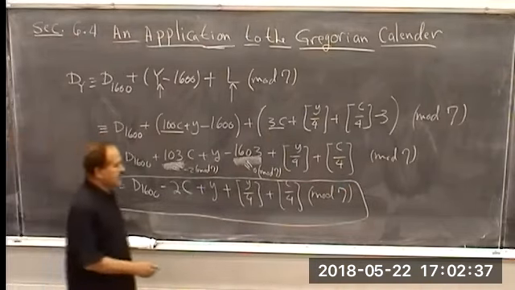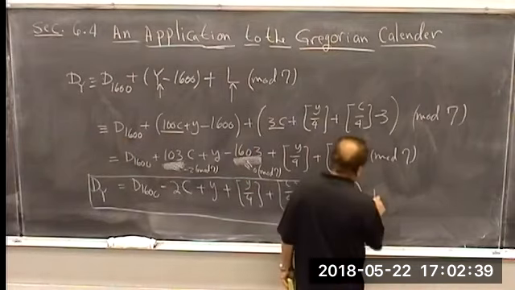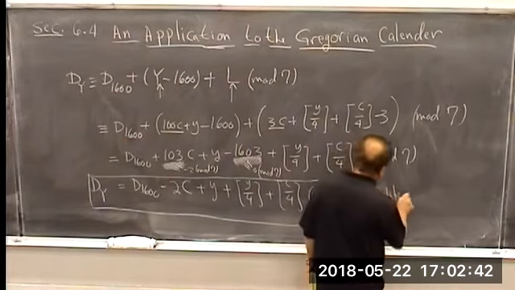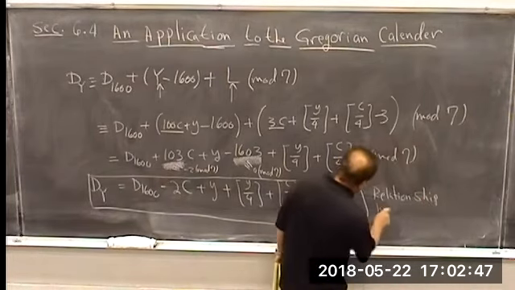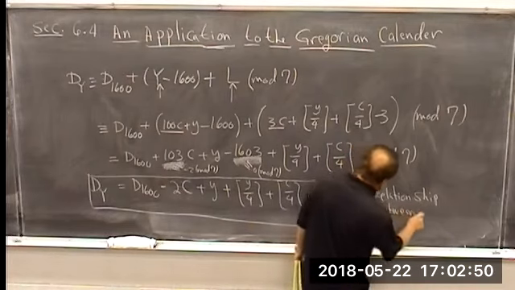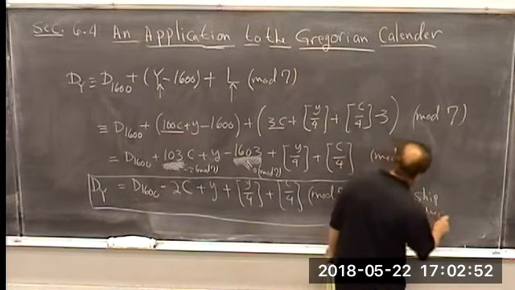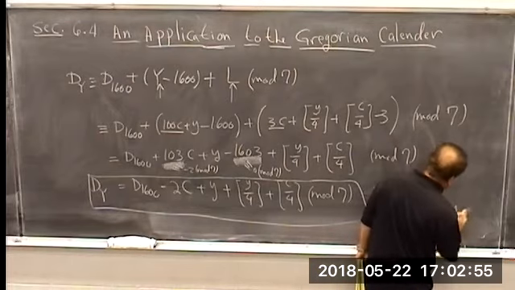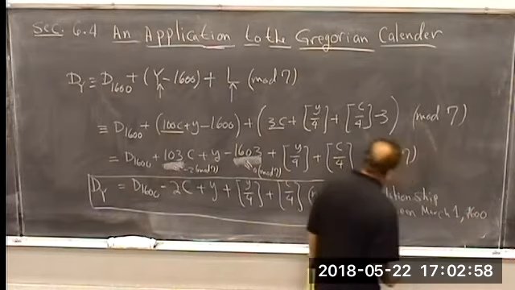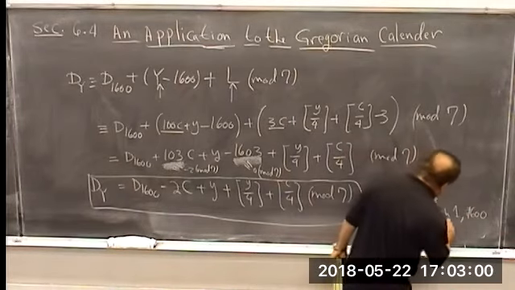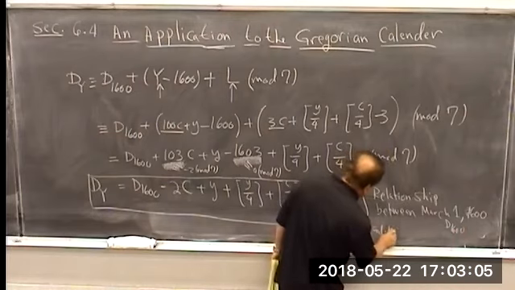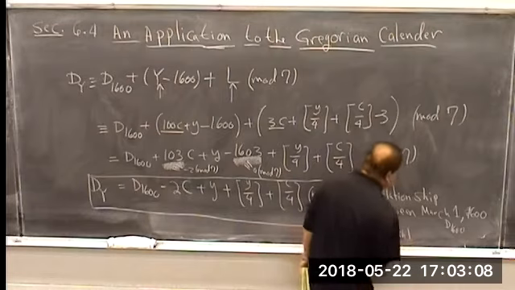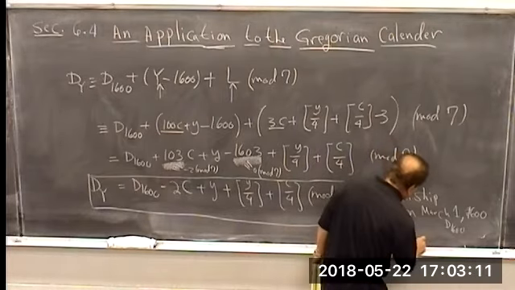So this is the relationship between March 1st, 1600, which we denote by D1600, and March 1st, year y, D y.